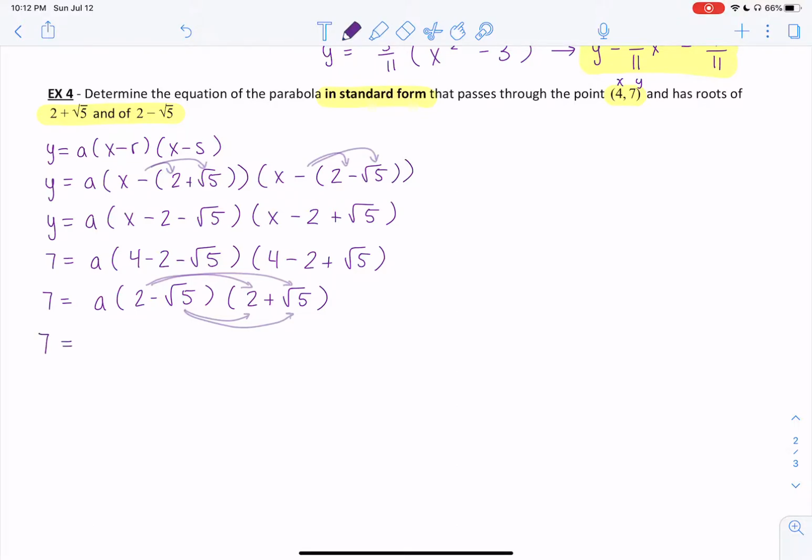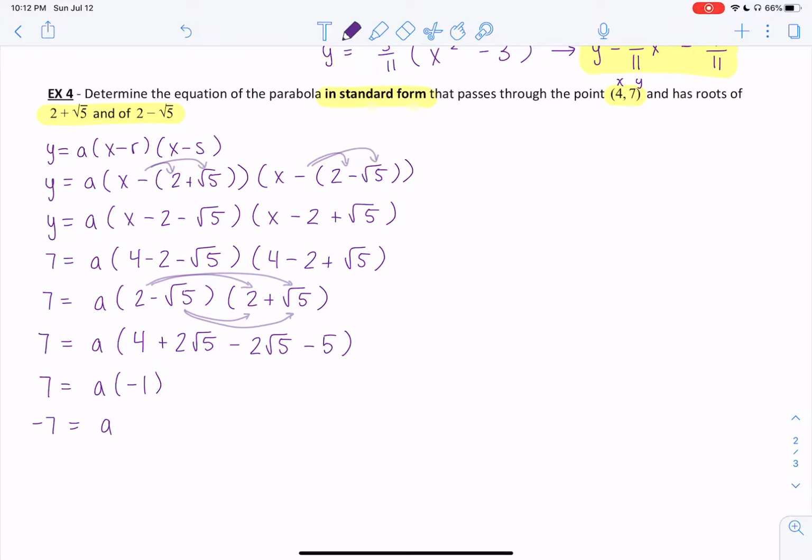So 7 equals a multiplied by 4 plus 2 root 5 minus 2 root 5 minus 5. Now if I collect like terms there, I will have negative 1, and then 2 root 5 minus 2 root 5 is just 0. Then I divide both sides by negative 1, and I will get negative 7 equals a.